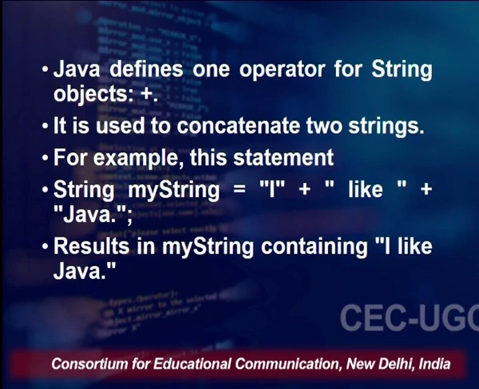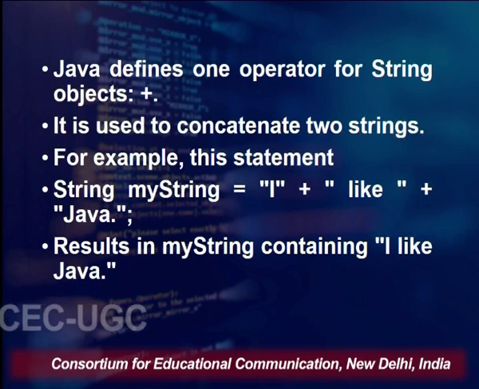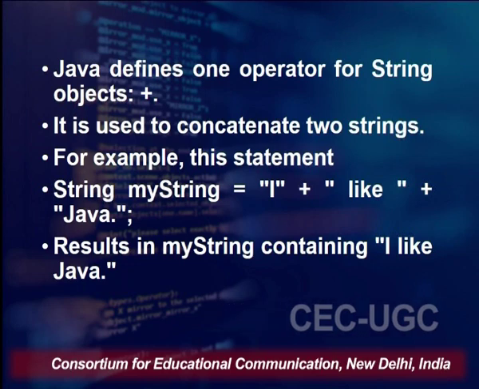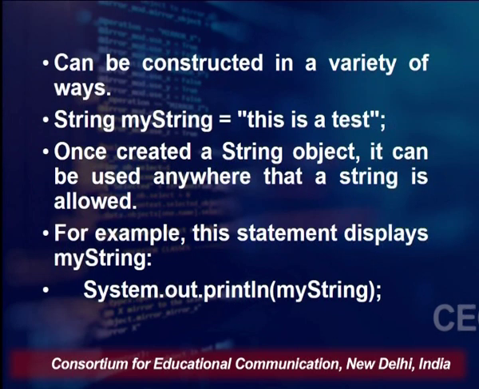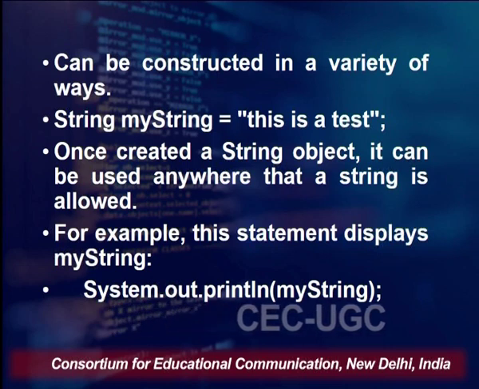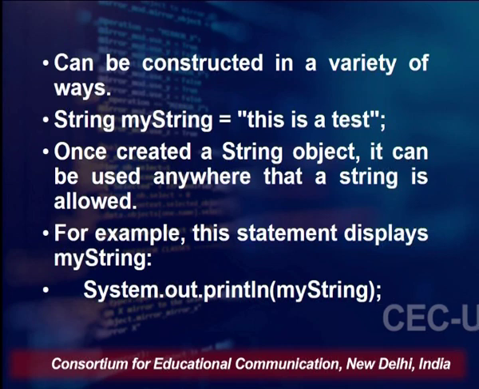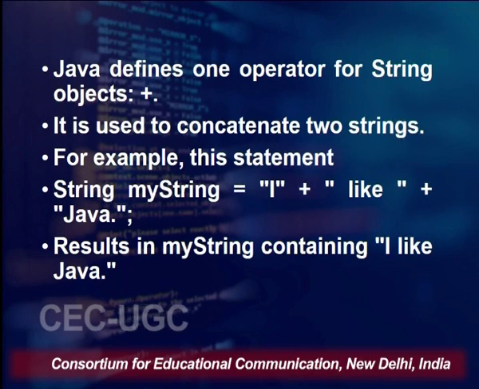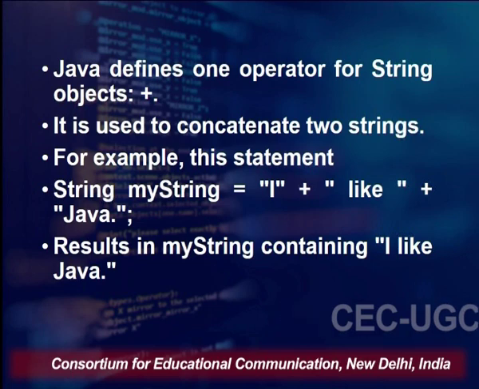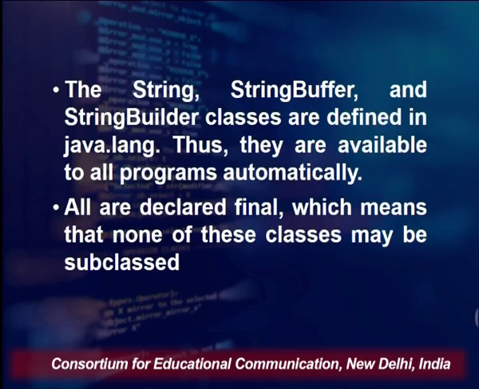So, with the help of the plus operator we have concatenated two or more strings, and this is perfectly allowed in Java. So, one way of creation is using the variable name or the object and directly assigning the value, or we can assign multiple strings with the help of this concatenation operator, which is the plus, that is also allowed.